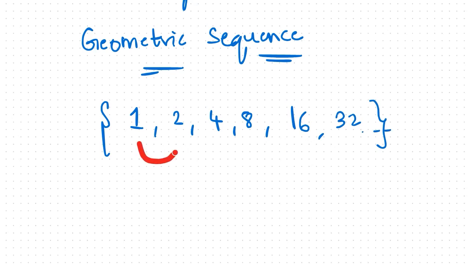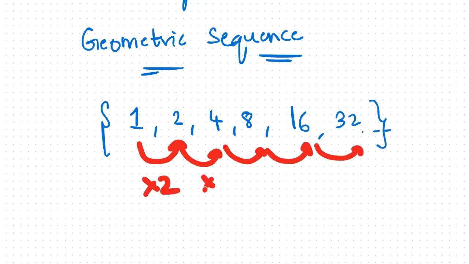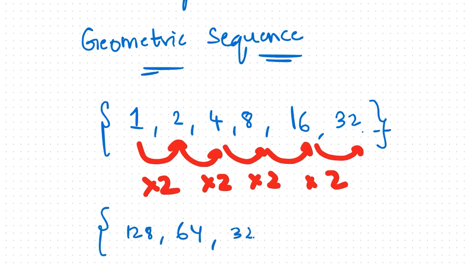So if you pass one by one, instead of addition, it is multiplication. Either by 2, or if I consider another sequence 128, 64, 32, 16, next one will be 8.